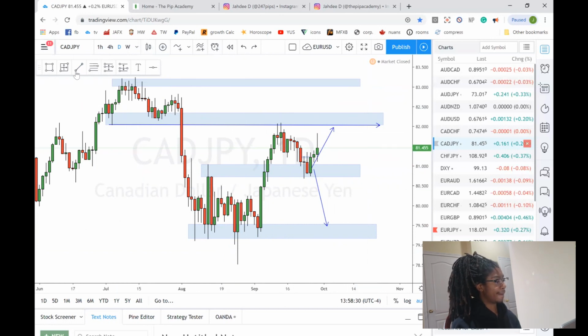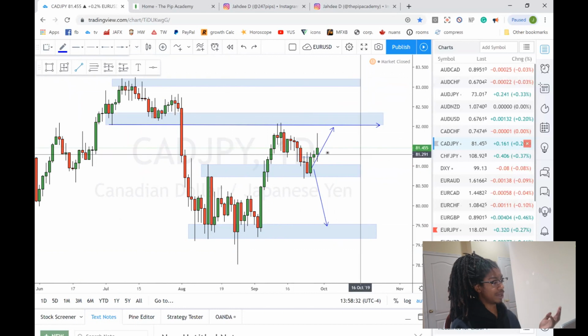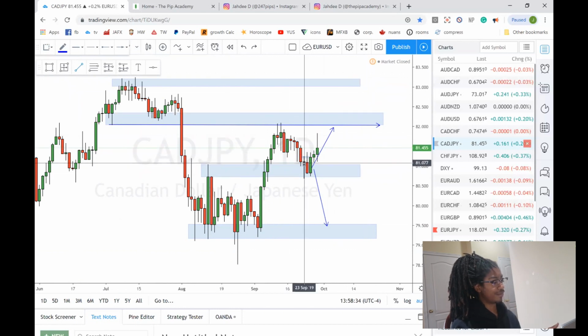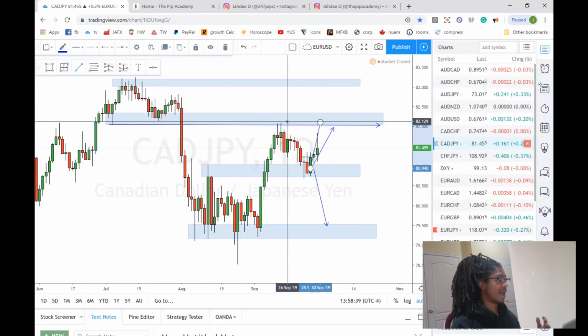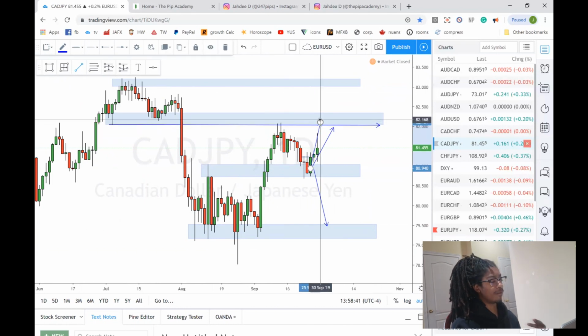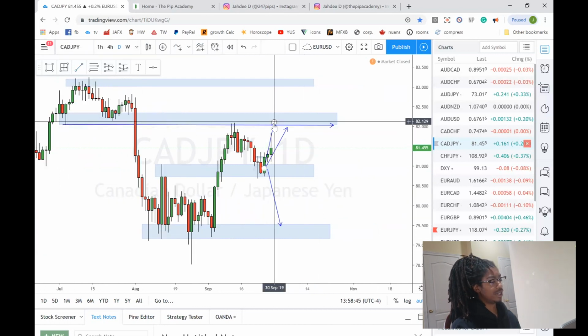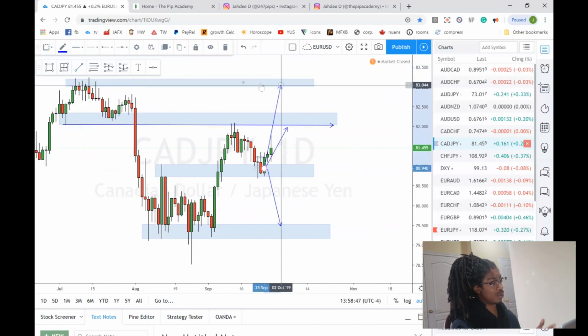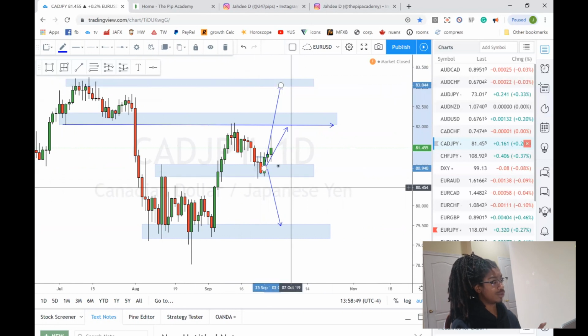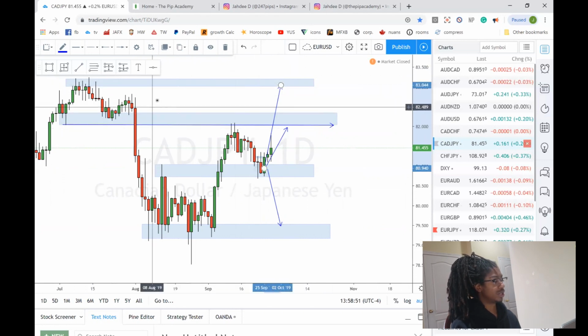Like I showed, this could be a possibility where this can rise and hit here back to this resistance from a double top, then continue falling, or even come up to this now at this point and continue falling, though it will be a really tough situation.